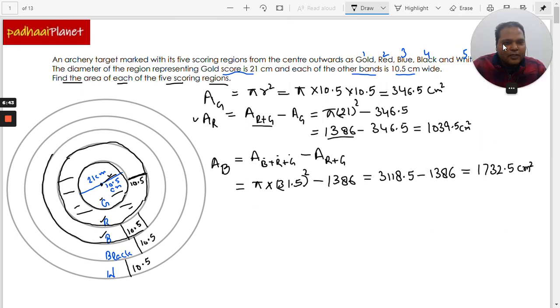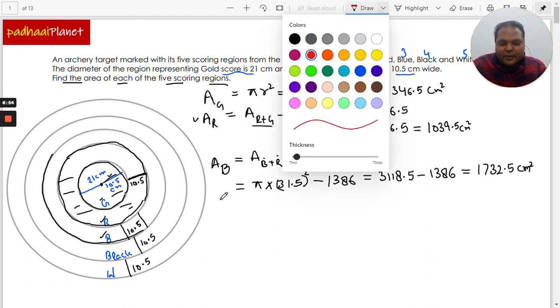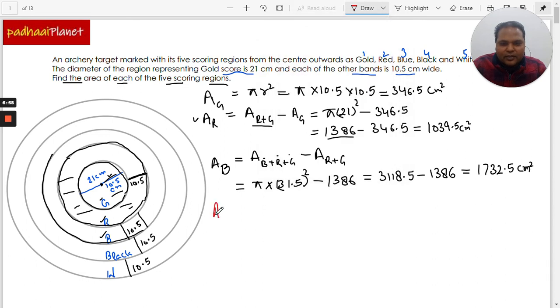For the sake of this video, I have put this calculation aside on a piece of paper along with me right now, so that we don't waste time in the video. Otherwise you will have to do a lot of these calculations on your own. So please practice this, otherwise you may commit mistakes. Now the area of the black part.